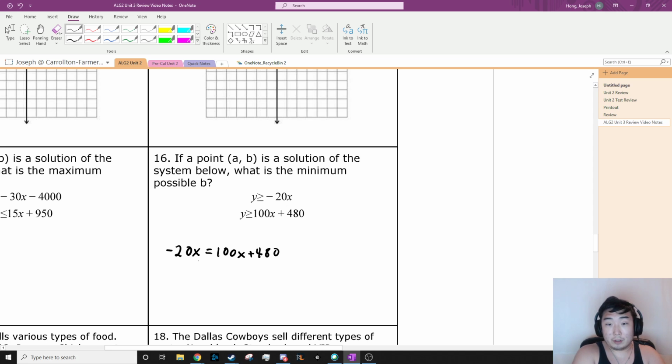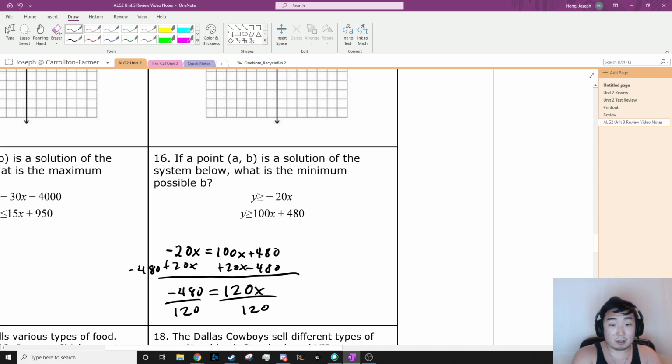And then I just solve it like a regular problem. So I add my 20x and I subtract 480. So this is 120x, and I have to subtract 480, so this is negative 480. And I divide 120 from both sides to get my x alone.